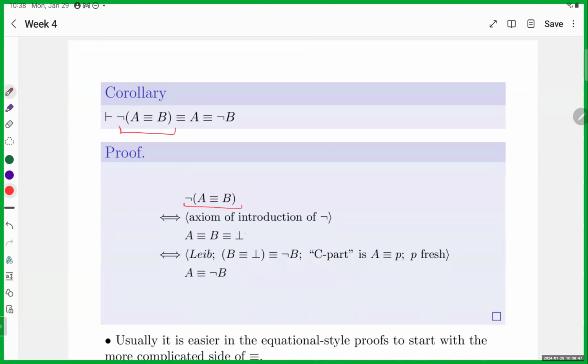Now you can take this part, A is equivalent to bottom, and I want to replace it with the negation of B. Since this is a sub-formula of the formula itself, I'm going to call this P, and I take the C part to be A is equivalent to P, and just write what axiom I used. Here is the axiom that we used, right? B is equivalent, bottom is equivalent to negation of B. And the C part is this, P is fresh, and then it allows you to replace this P with negation of B.